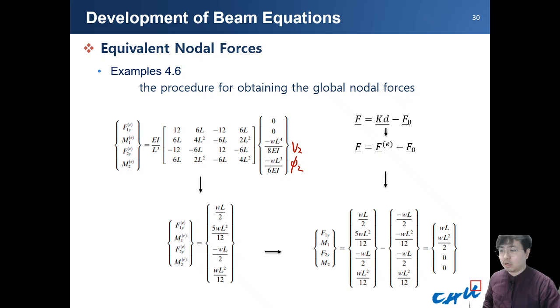After calculating, these two displacement elements are equal to 0, so after calculating this matrix multiplication, you obtain this equal to 2 WL over 2, and then some values look like this.